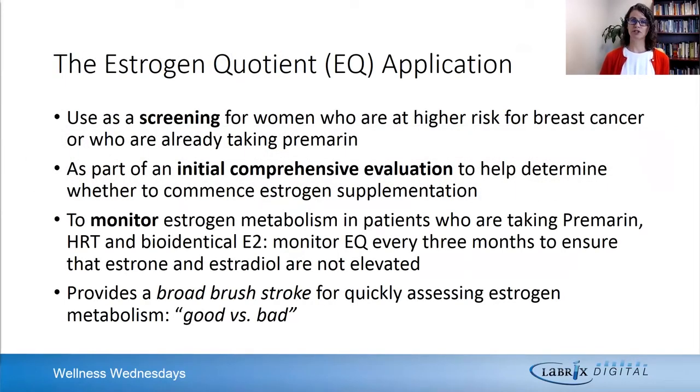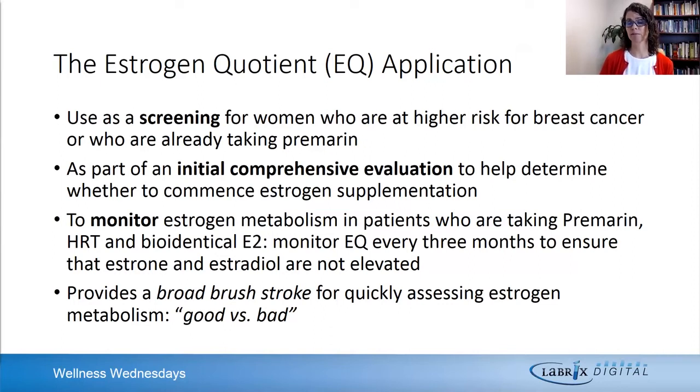So, ways in which to use the estrogen quotient. It's a great screening tool for women who are at higher risk of breast cancer, or for women who are already taking Premarin or any form of HRT or even bioidentical hormone replacement therapy. It's a great part of an initial comprehensive evaluation to help you as the provider determine whether or not you're going to be starting any kind of estrogen supplementation with your patients.